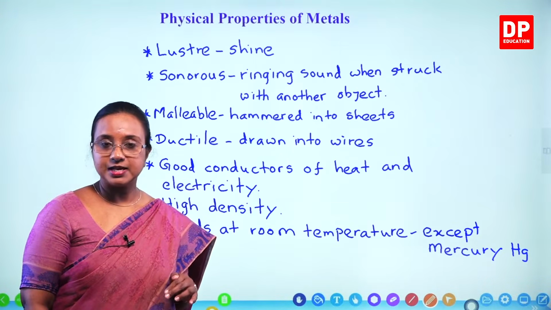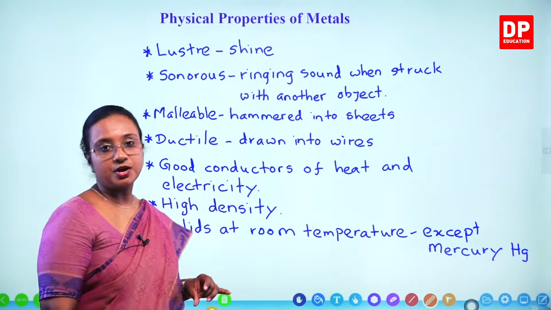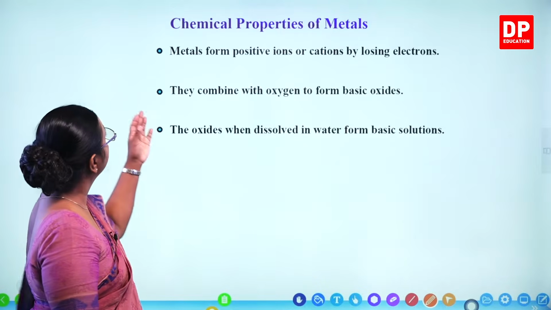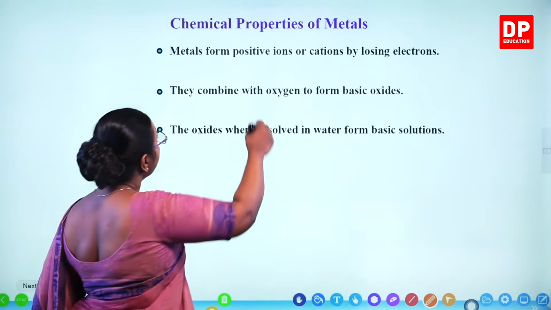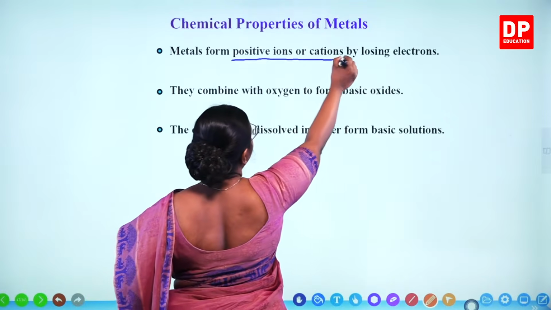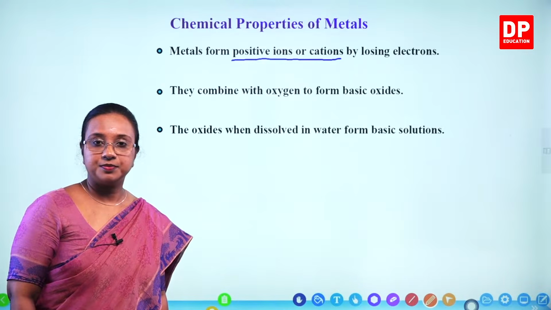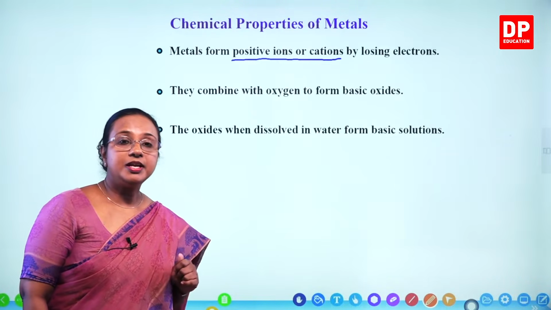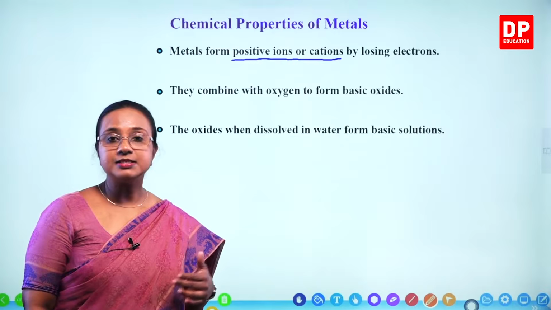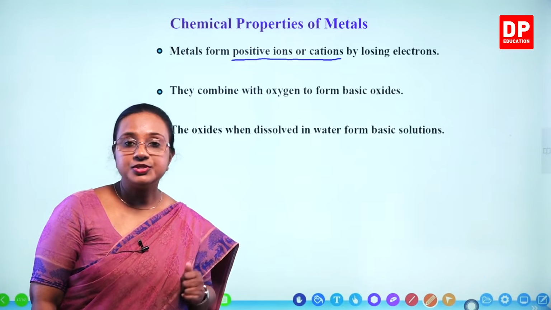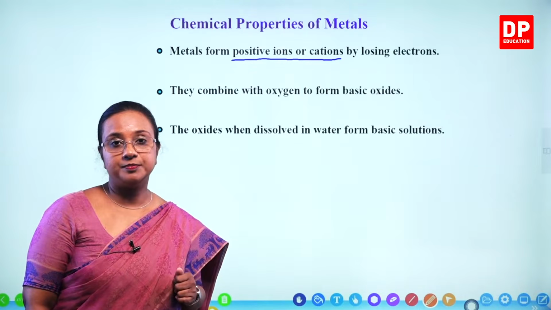Now we will discuss the chemical properties of metals. Metals form positive ions or cations by losing an electron. You already know this from when we discussed first ionization energy. We used the example sodium.